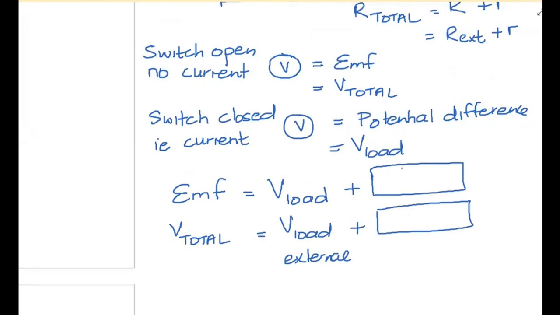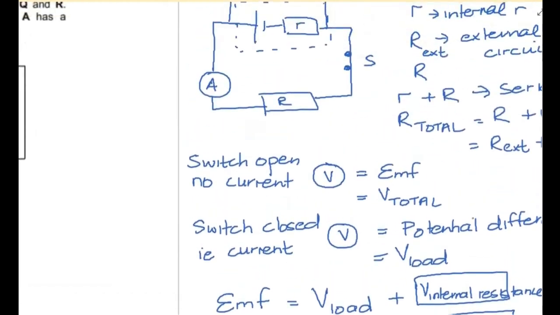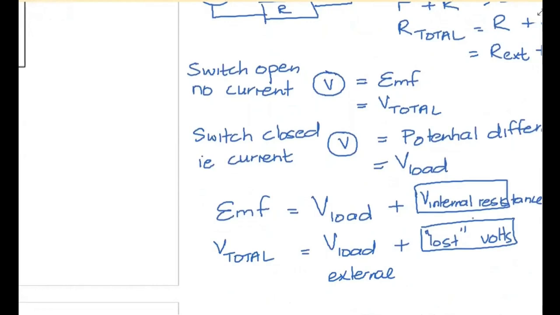It depends on the different departments, but on the IEB, because this one is actually on your data sheet, it's known as V internal resistance. And the colloquial one is, we call it our lost volts. So what that means is that when we now have this internal resistance, not all of the EMF is actually going to my circuit. Only the V load part, only this section that's not being used up.